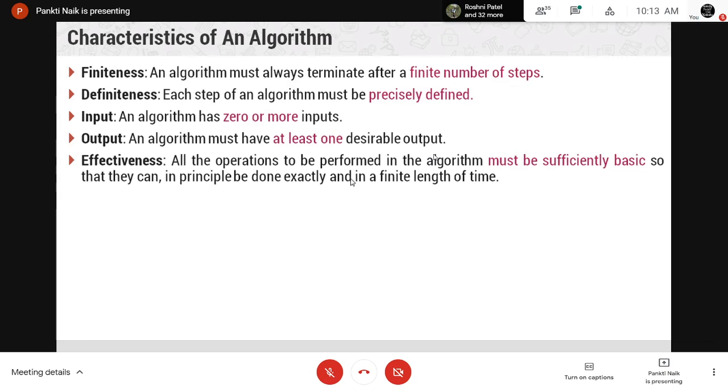The properties of algorithms are non-ambiguity. Now what is non-ambiguity? It comes in the definition itself. Each step in an algorithm should be non-ambiguous. It means each step in an algorithm should be clear and precise. Definiteness is also known as non-ambiguity. Then range of input: the range of input should be specified.